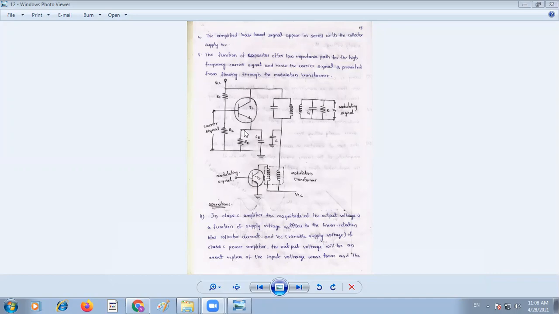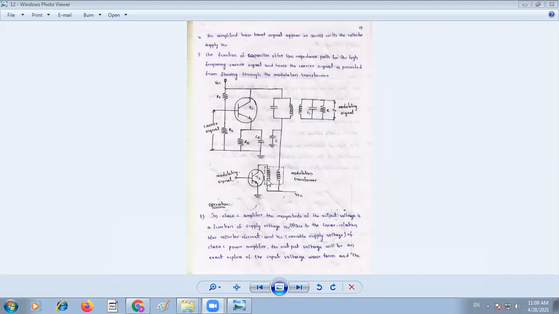This entire circuit is meant for carrier signal generation. Now the carrier is given to the base of transistor T1. That output is again considered as a tank circuit, and the modulating signal is given to the T2 base, and the output of the collector is given to a modulation transformer.